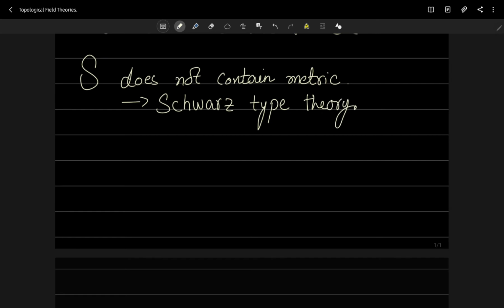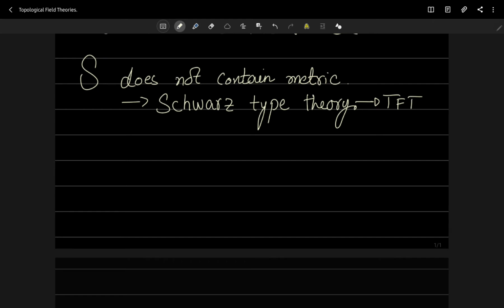So again, if the action S that defines a classical or a quantum theory does not contain any reference to the metric, then it's known as the Schwarz type topological field theory.